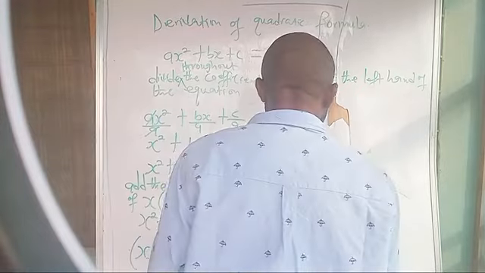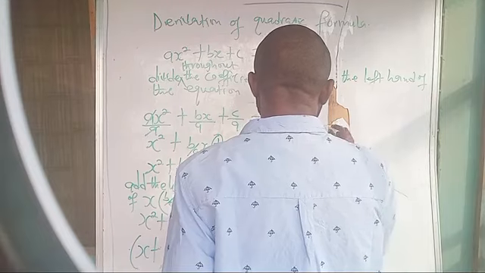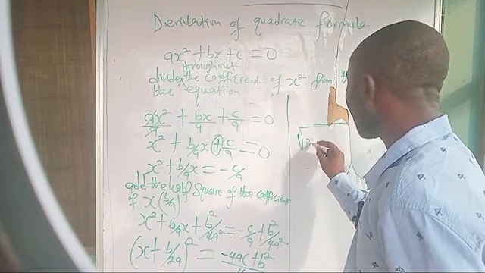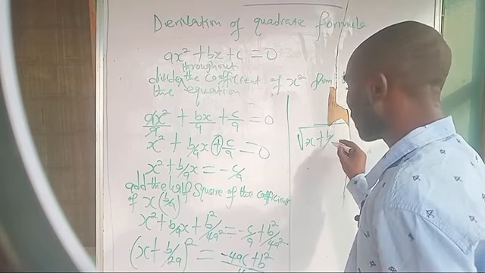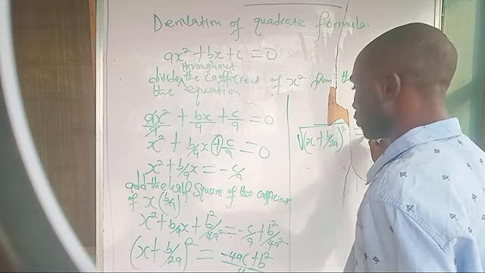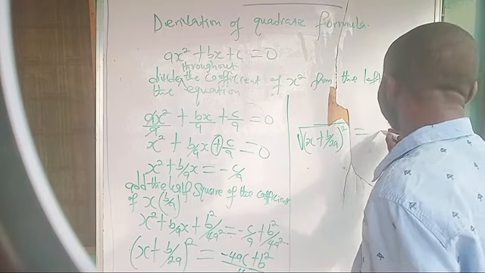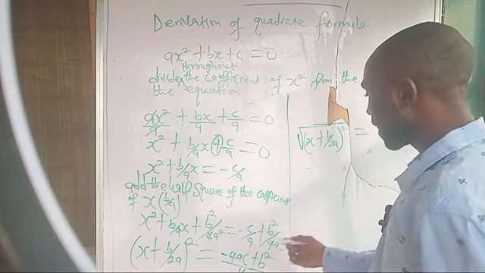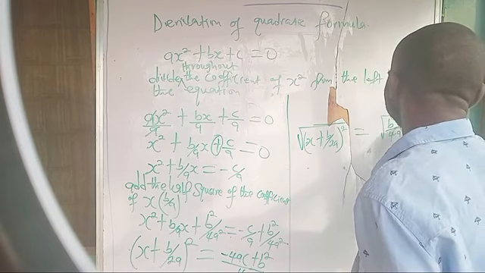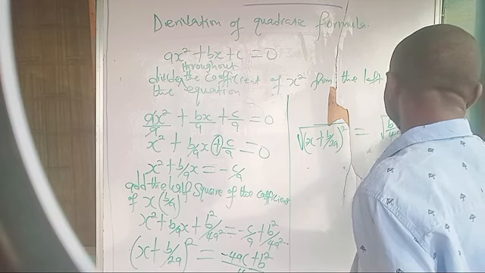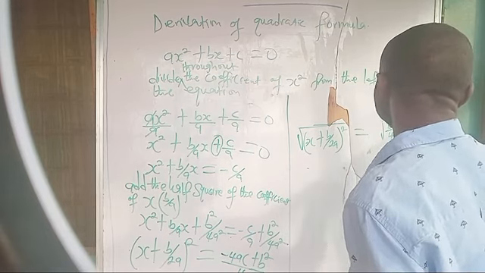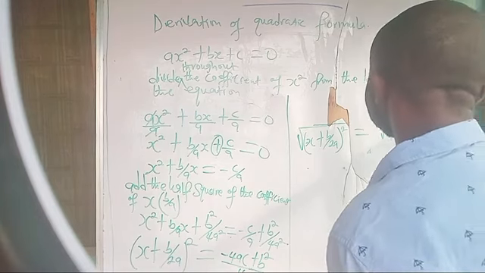So taking the square roots, we have the square root of x plus b all over 2a is equal to the square root of, so we can rearrange this as b squared minus 4ac, all over 4a squared.